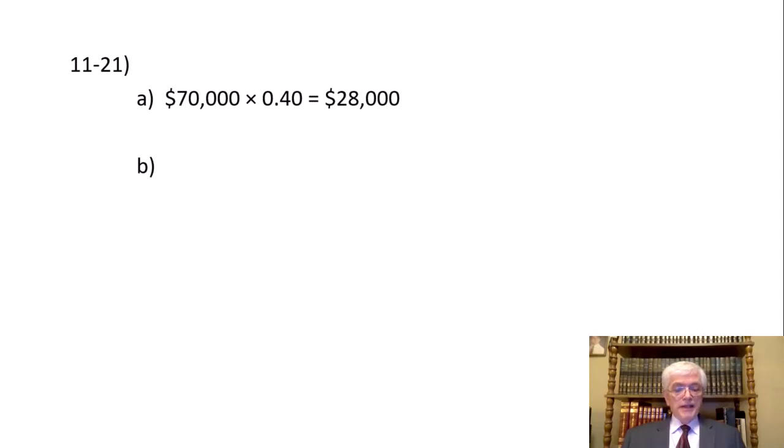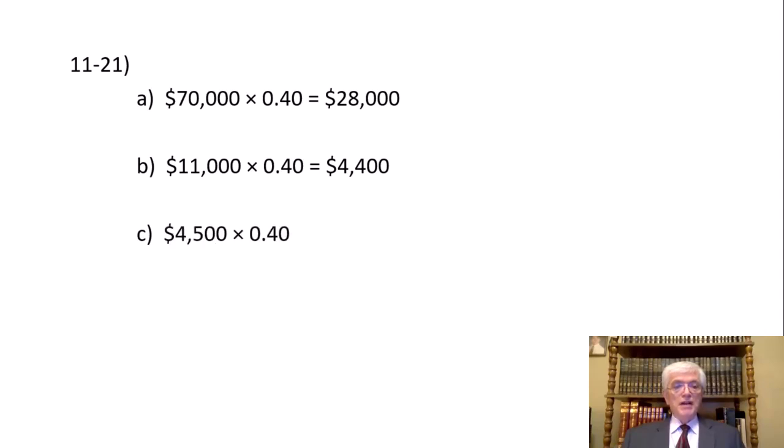Letter B, calculate Sammy's share of any Zebra long-term capital gain, if any. So that's our $11,000. 40% of $11,000 is $4,400. And letter C, Sammy's share of charitable contributions, $4,500. 40% of $4,500 is $1,800. So there you go.